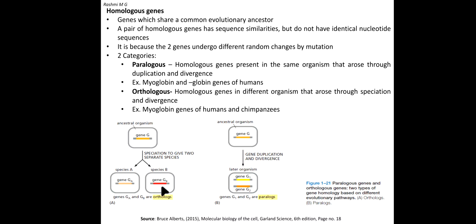Gene GA and gene GB have the same evolutionary ancestor, as said for homologous genes, but after that, due to speciation, they give separate species, and due to speciation and divergence the sequences have some dissimilarities. But in paralogous genes, present in the same organism, due to duplication and divergence, identical nucleotide sequences are not seen.